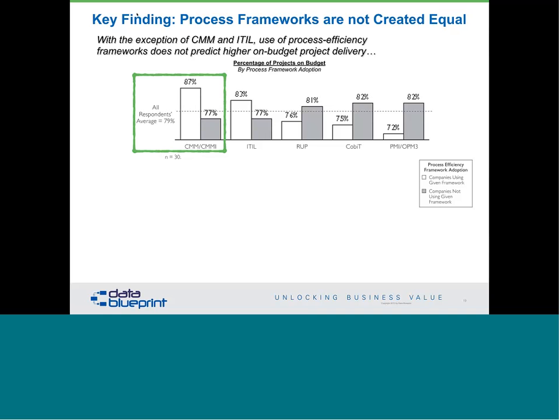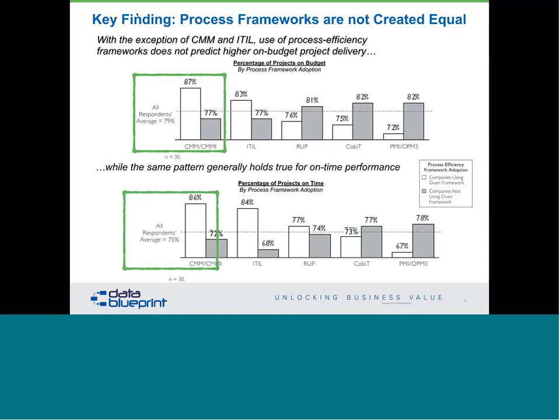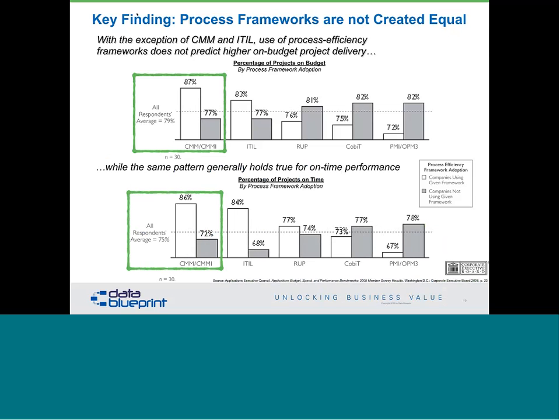They found that projects done with CMM generally performed on budget and on time at a better rate than without. If you notice what's happening here in the statistics, the projects done without are in gray, the projects done with are, in this case, the left-hand side of that diagram. And in each case, what you're seeing here is organizations achieving better results.